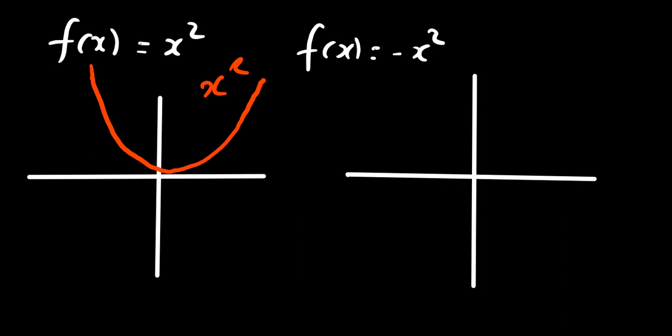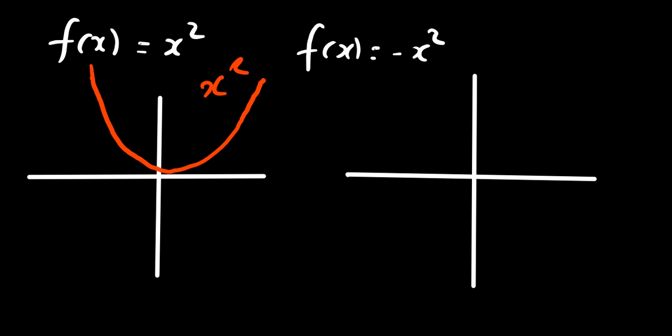Now, there are rules that you are supposed to understand. You're able to see that one is pointing upwards, the other one is pointing downwards. So rule number one that you should remember is that a is the coefficient of x². When a is less than 0, you have a maximum, a graph that looks like this one that we have.